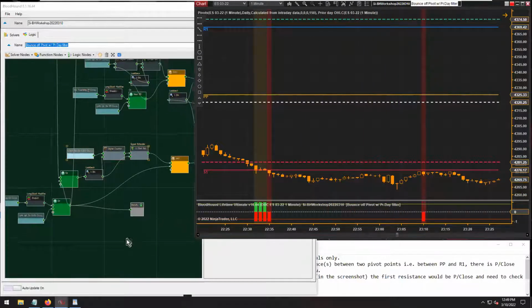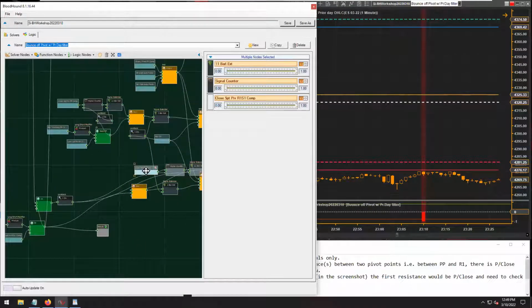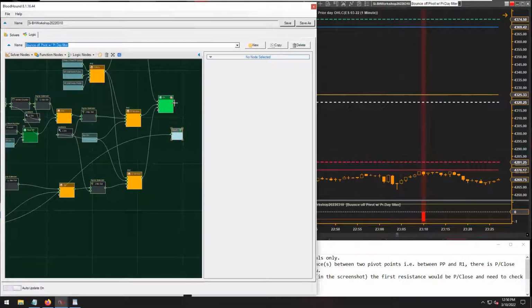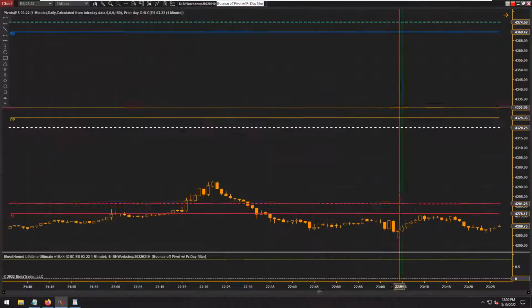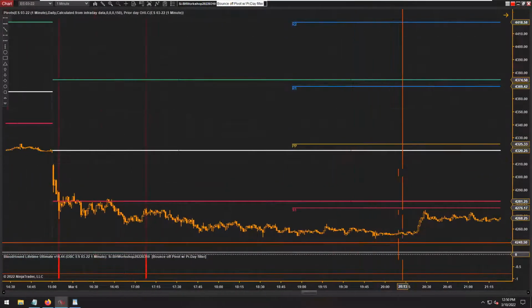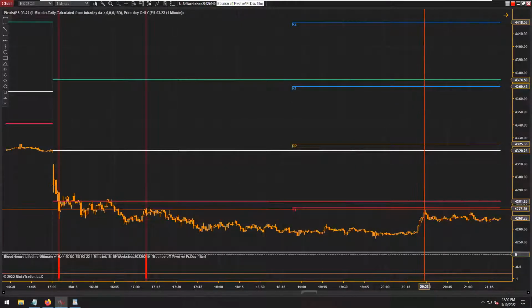But that's all in the details of how you want to define your separation before price coming back in. All right, let's connect that back up. There we go. All right, that definitely is a case where price didn't get close enough.